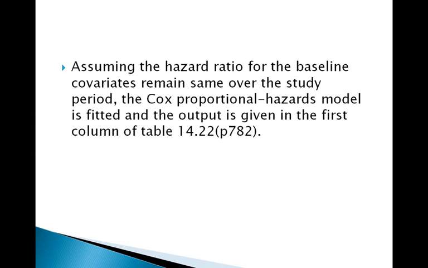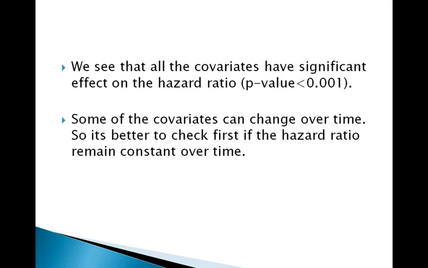Assuming that the hazard ratio for the baseline covariates remained the same over the entire study period, we would be able to use the Cox proportional hazards model. If that assumption held, we would be reading and interpreting the output of the first column in table 14.22. But we see that all the covariates have a significant effect on the hazard ratio in this column.